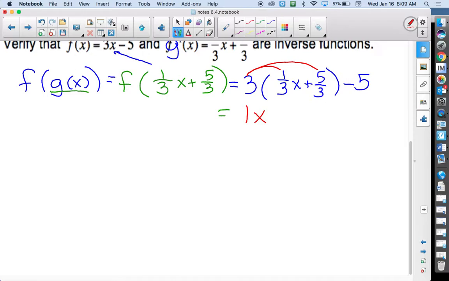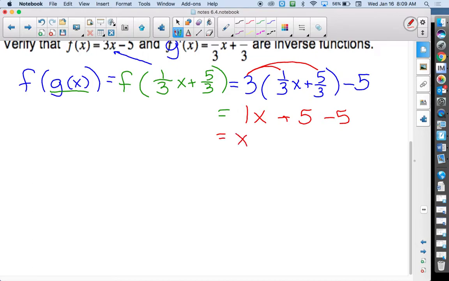All right, Mackenzie, what's 3 times 5/3? Good. So she said that becomes 15/3, which is just 5. And then outside is a -5. So Mackenzie, that simplifies to become just x.